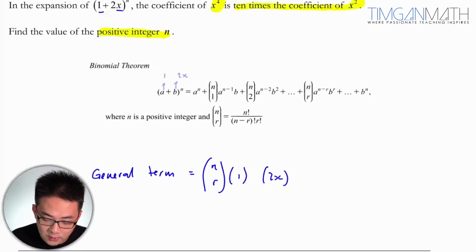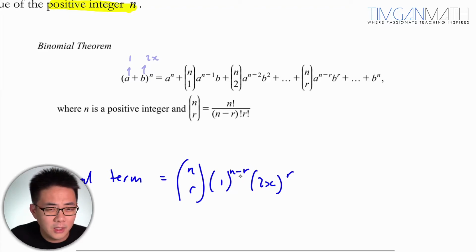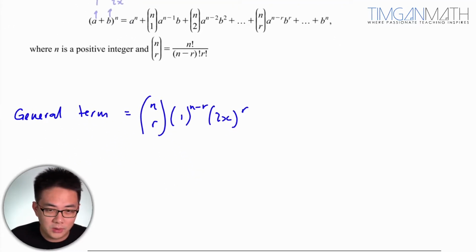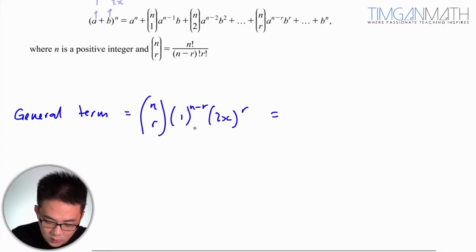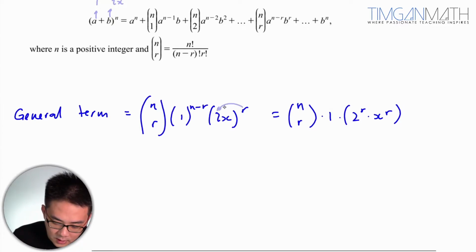But for simplicity's sake, we let r be the second one, and this is n minus r. Because 1 to the power of any positive integer will definitely be 1, the general term will be n choose r times 1 times 2^r times x^r. Am I right? So you just expand this in here.